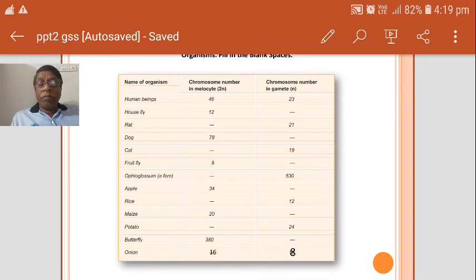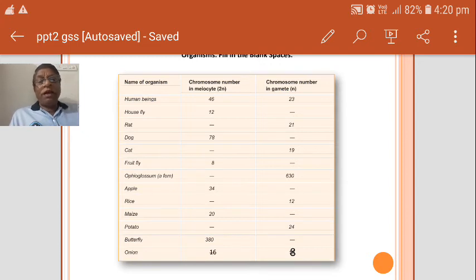The sperm 630, the egg 630 chromosomes. What about the meiocyte or the diploid number? 1260. Remember, the Ophioglossum contains the highest chromosome number in the plant kingdom.